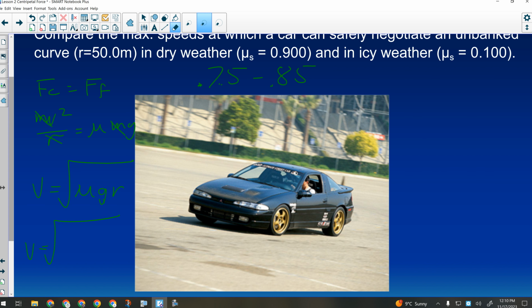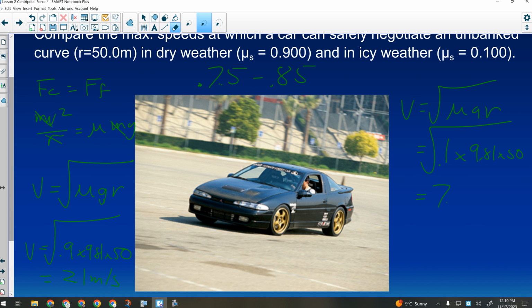So, for the ideal conditions, that's going to look like this. The square root of 0.9 times 9.81 times 50 meters. It's going to be 21 meters per second, which is pretty quick to go around a 50-meter wide circle. If I do the icy conditions, now it's 0.1 times 9.81 times 50.